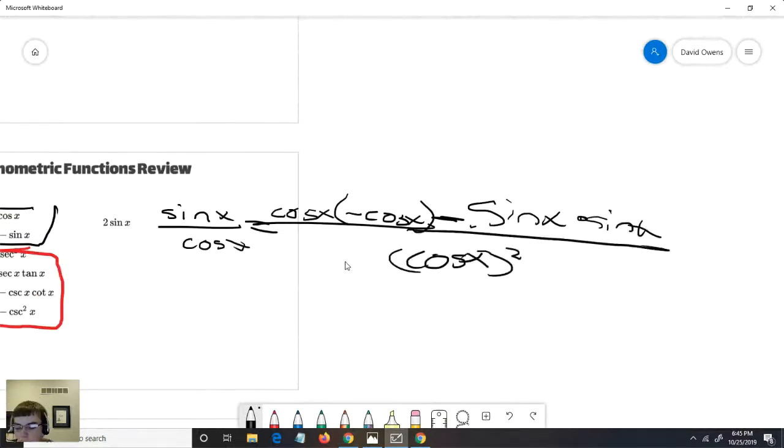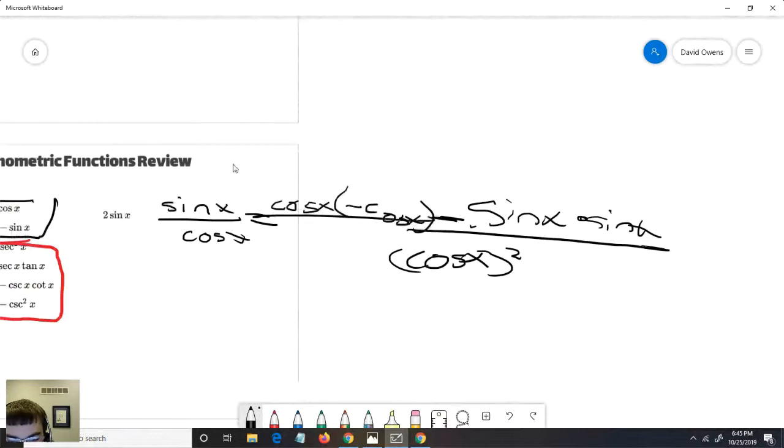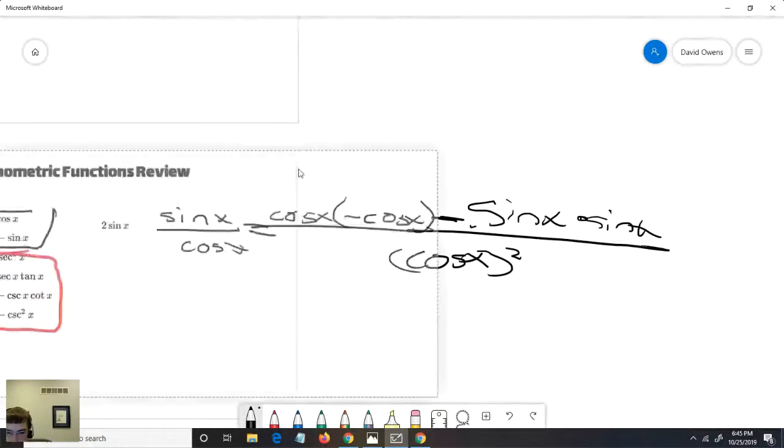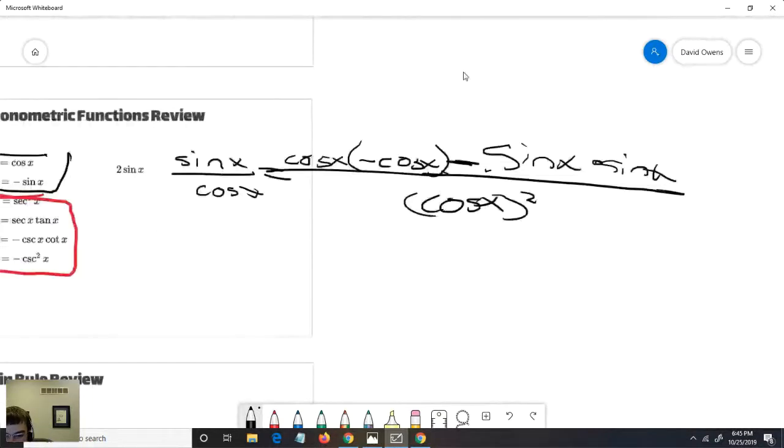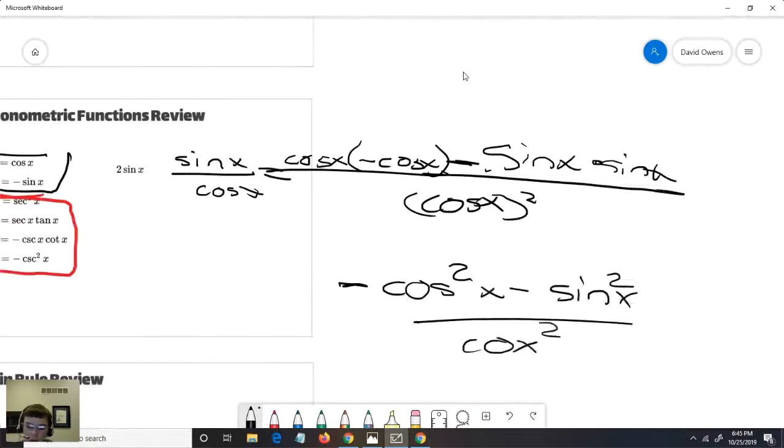Now we can use some simple algebra and trig to simplify this. So we're going to get negative cosine squared x minus sine squared x over cosine x squared.